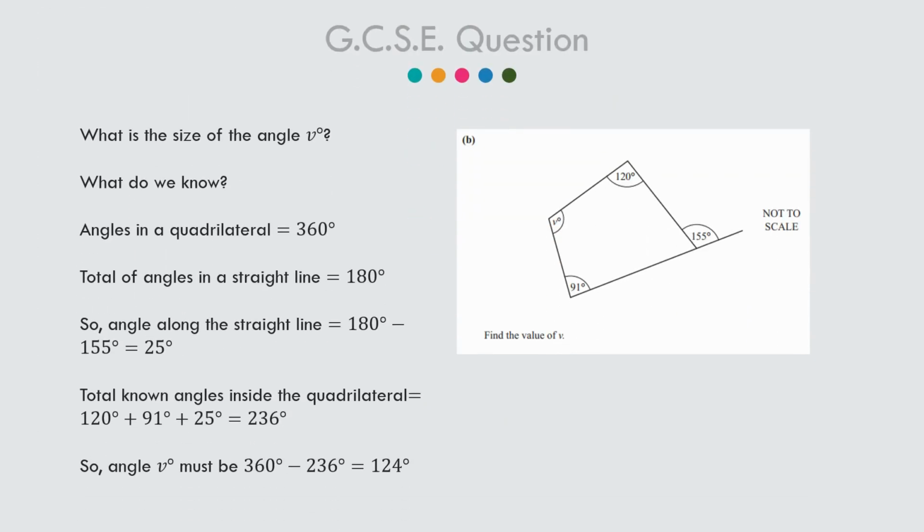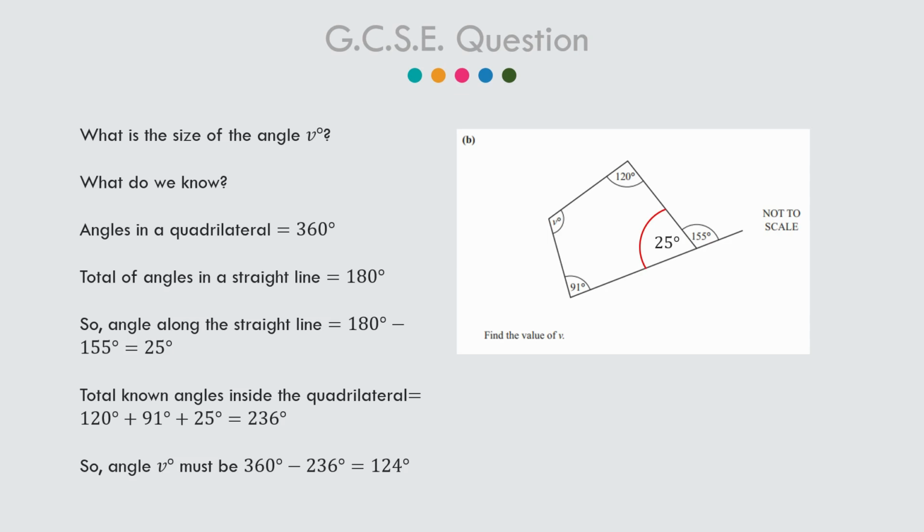In this question, we are asked to find the size of angle V. Well, what do we know? Well, we do know that angles in a quadrilateral add up to 360 degrees. We also know that the total of angles in a straight line is 180 degrees. So the angle along the straight line must be 180 degrees minus 155 degrees, which gives us the answer 25 degrees.